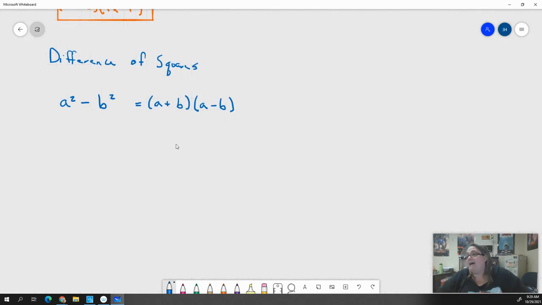That means if I have x squared minus 4, my factors will be whatever the square root of this is. X squared is just saying that we have x times itself. Minus, well, 4 is 2 squared. So our factors would be x plus 2 times x minus 2.